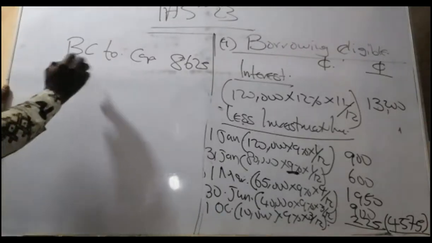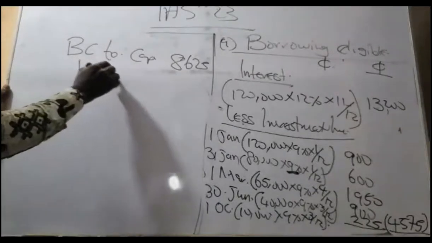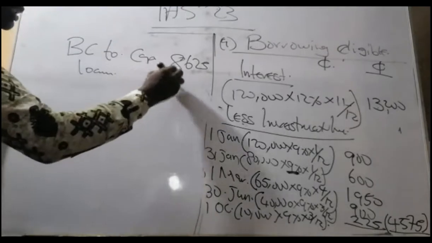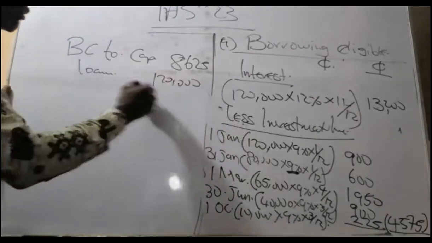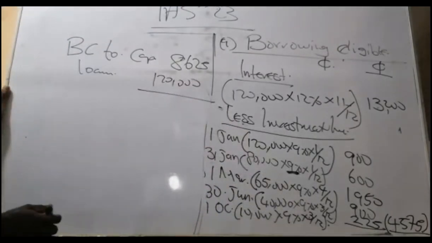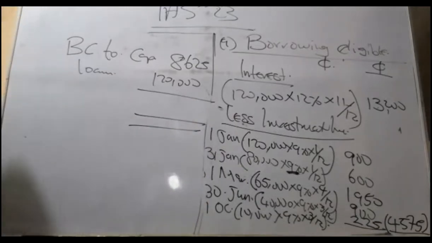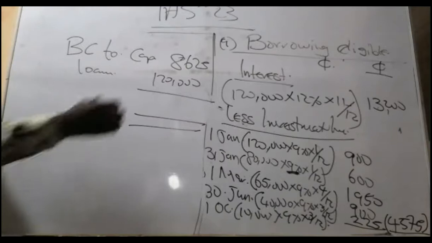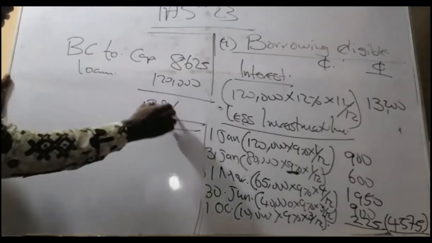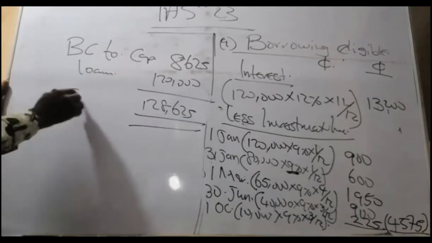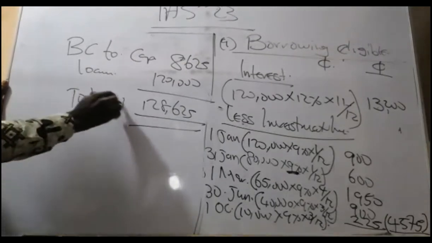So the amount taken, or the loan facility, or the cost of the construction, we pick 120,000. So therefore, what will be the total cost of the asset? The total cost of the asset will be 128,625,000, agreed. So that's the total cost of the asset.